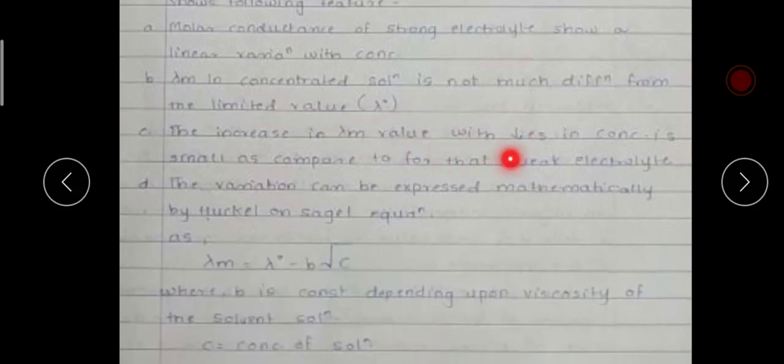The increase in the lambda m value with decrease in concentration is small compared to that of a weak electrolyte. The variation can be expressed mathematically by the Debye-Hückel-Onsager equation.